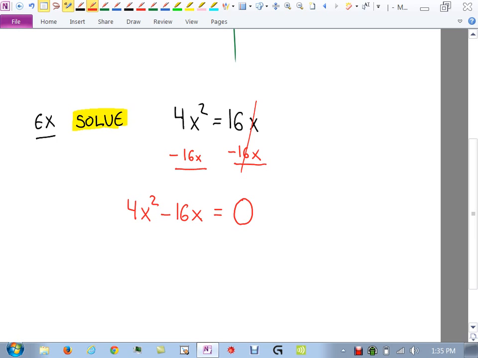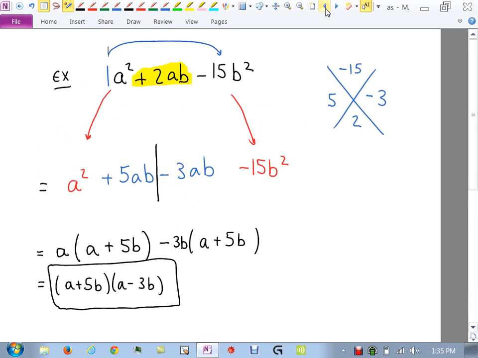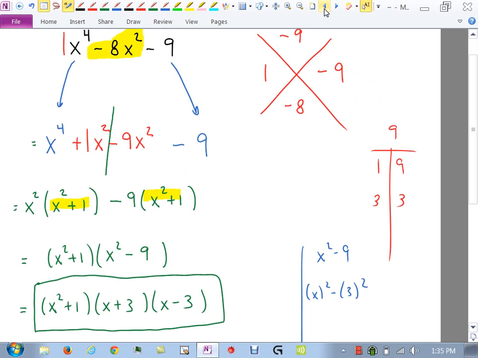Right now, can we apply the zero factor property? Well, do we have something times something? We have something minus something. We don't have something times something. How do we turn pluses and minuses into things being multiplied?